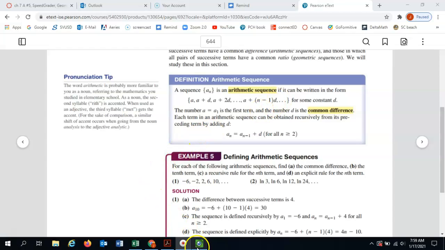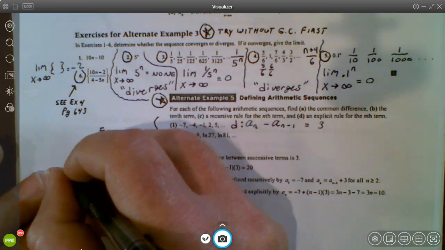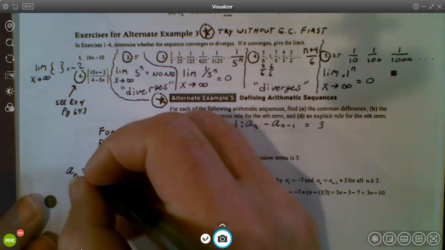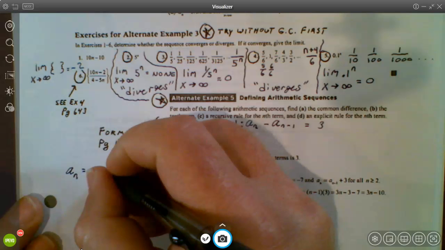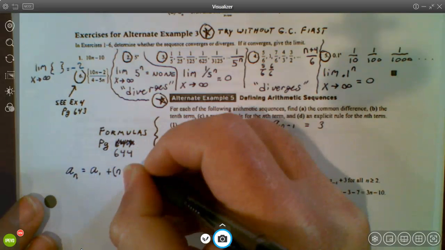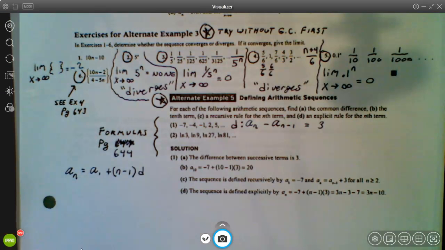Let me write it out in what I think is a better way to see this. Any term in this sequence is the first term plus n minus 1 times the common difference. This is the way I've seen it in other books, and I think that's the clearest way to see it.